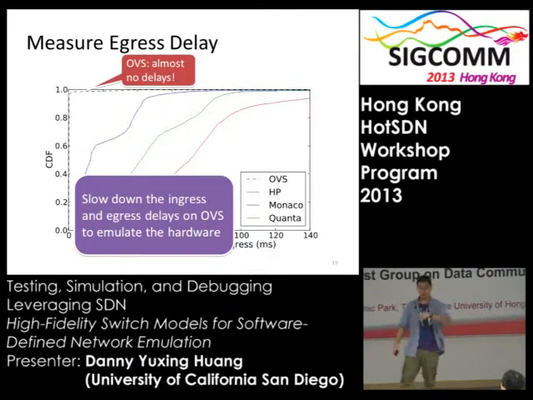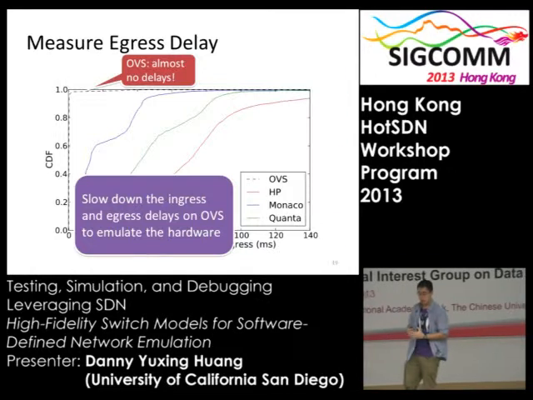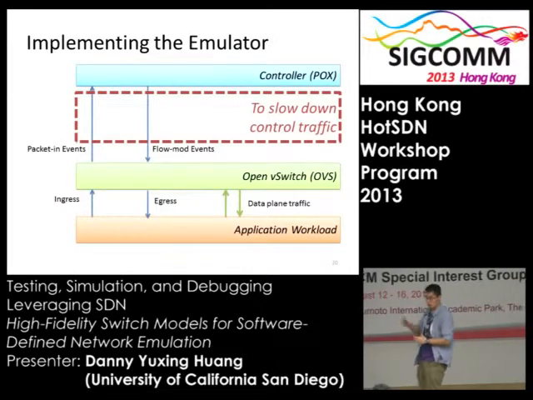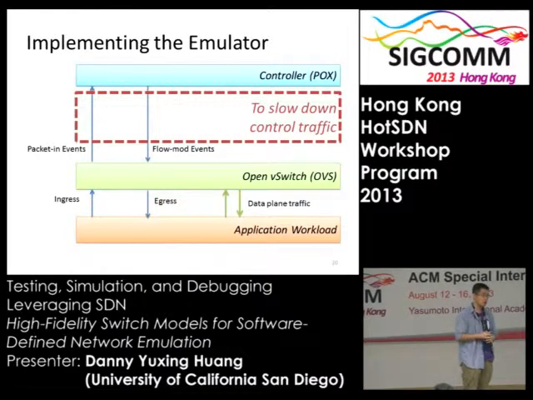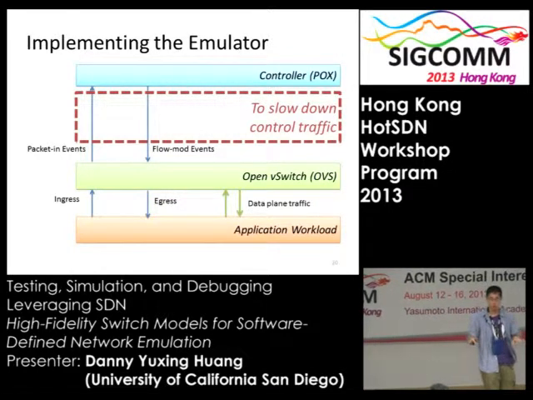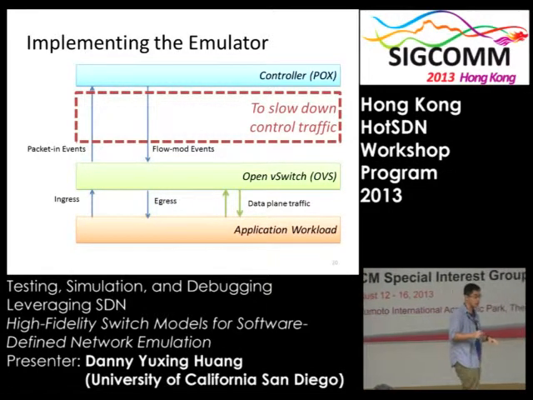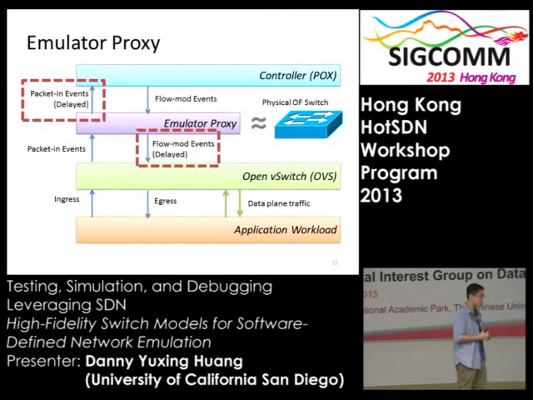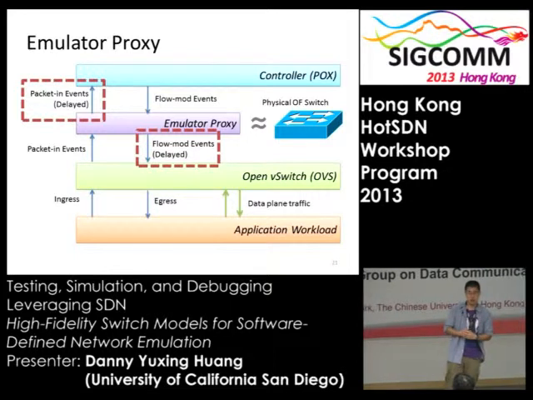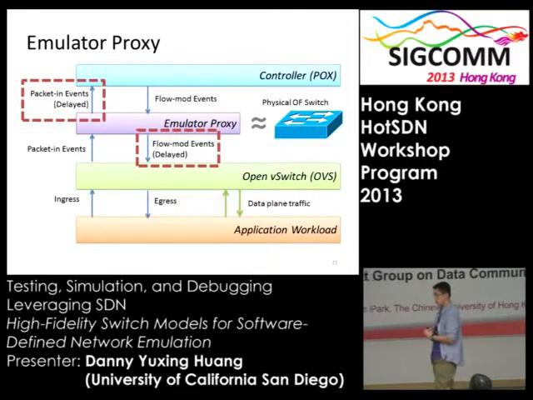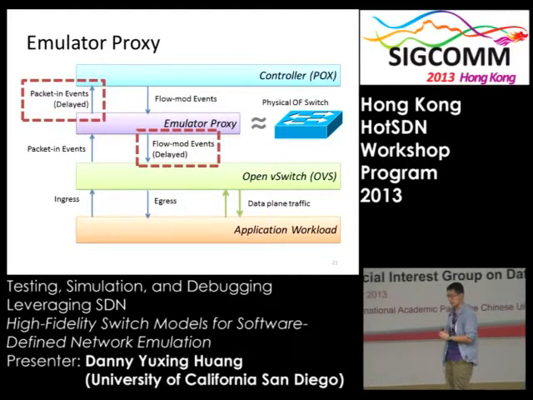To implement this emulator, we would ideally slow down the control plane traffic between the controller and the switch. But we don't really want to change the controller or the switch. So we insert a layer of proxy between the switch and the controller. What this proxy does is slow down the packet-in events using inverse transform sampling.